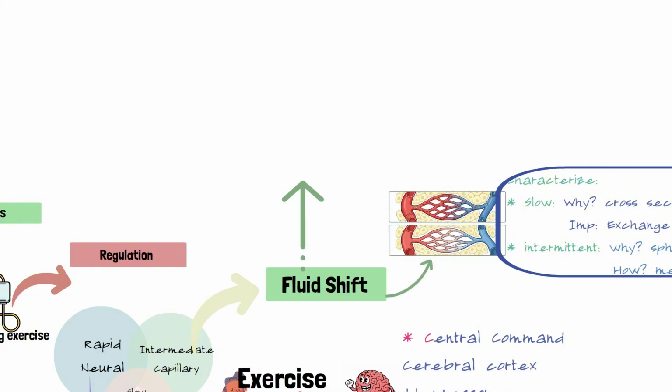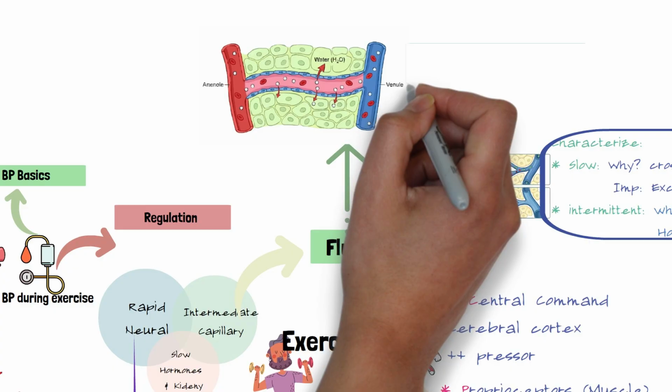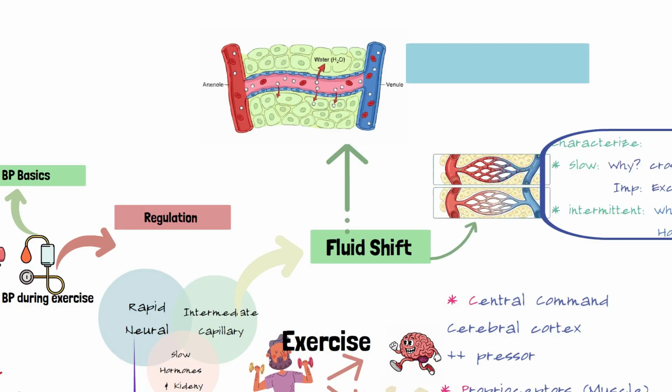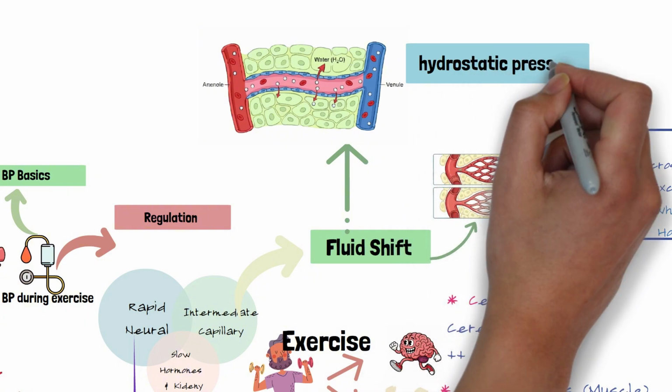How does the capillary help in regulation of the blood pressure? This depends on the pressures inside the capillary. We have two types of pressure: the hydrostatic pressure, which depends on the plasma volume, and the oncotic pressure, which depends on the plasma protein.